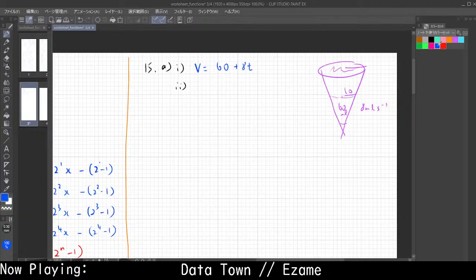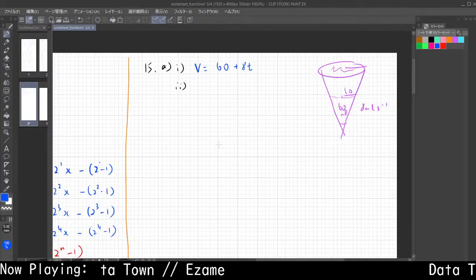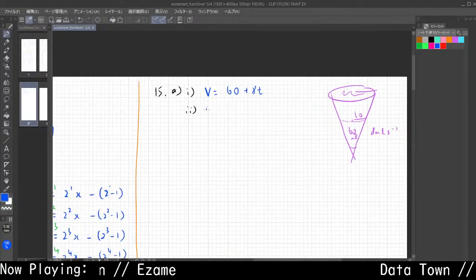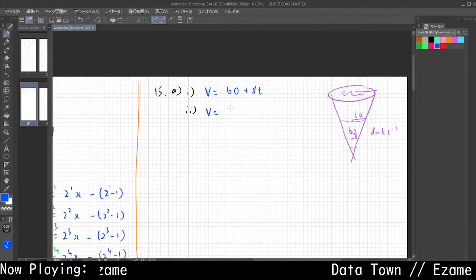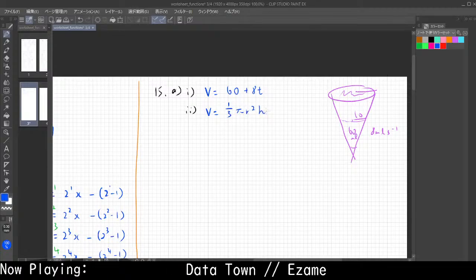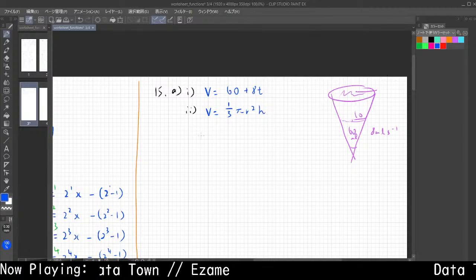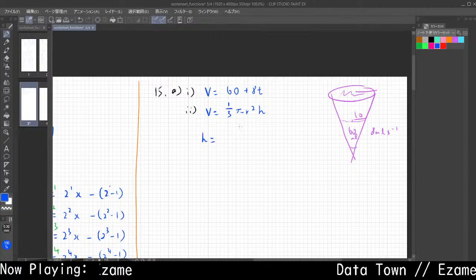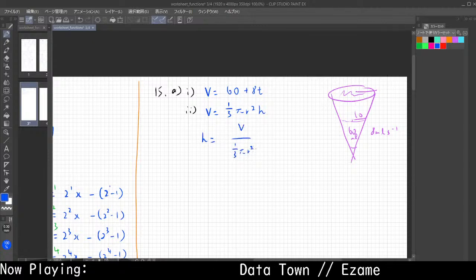The height of liquid H in the conical flask in terms of V. So your V over here can be written as 1 over 3 pi r squared H. You'll move everything over to the other side to find H in terms of V. You will get V divided by 1 over 3 pi r squared.